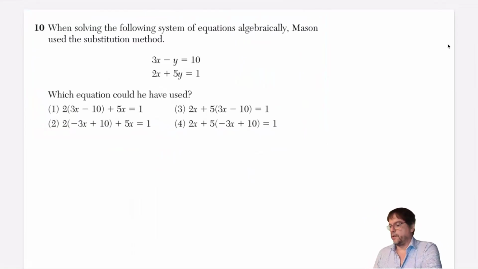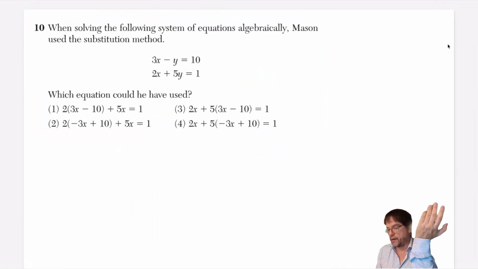When solving the following system of equations algebraically, Mason used the substitution method. As I said to you yesterday, I prefer to solve systems of equations through elimination. But the author said, no, you need to do it by substitution, and you don't even need to solve it. It's just substitute.